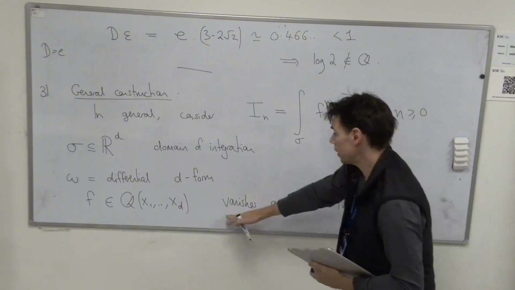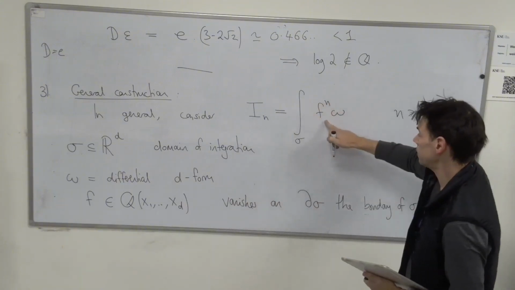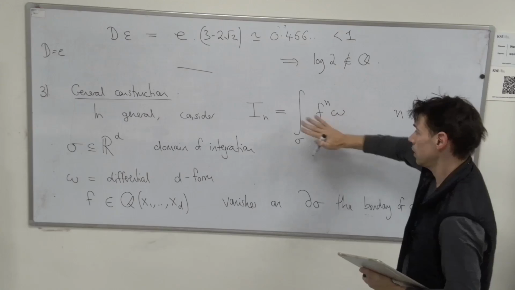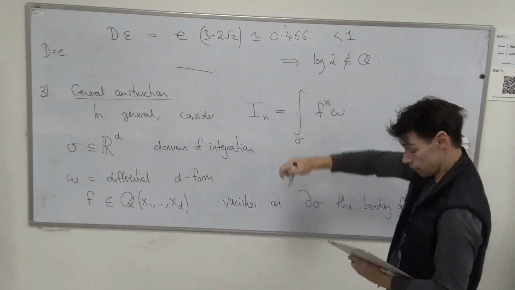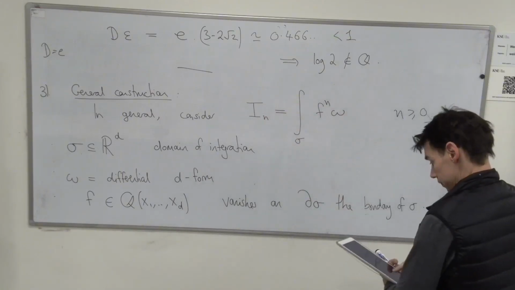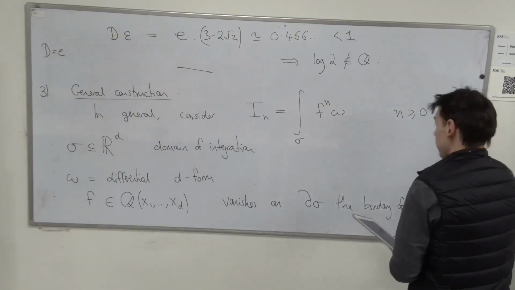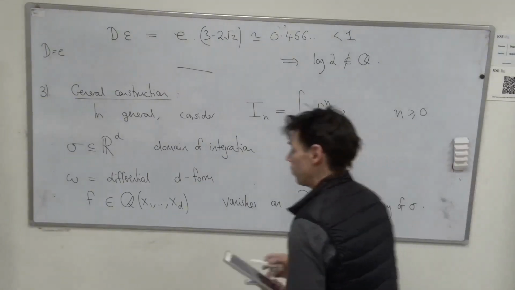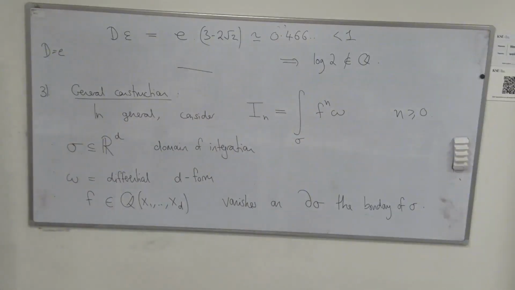Because if f vanishes on the boundary, typically it means that f is small on sigma, and so f to the n is very small. And that's going to make these integrals go very small, very fast as n goes to infinity. So that's the general shape of these proofs. And let me quickly give you the examples for Apery's theorem.